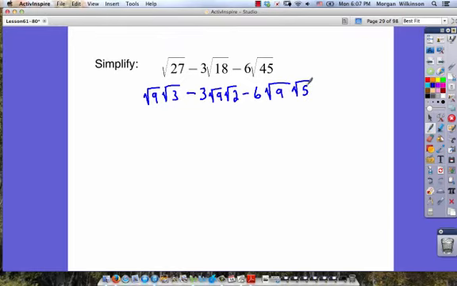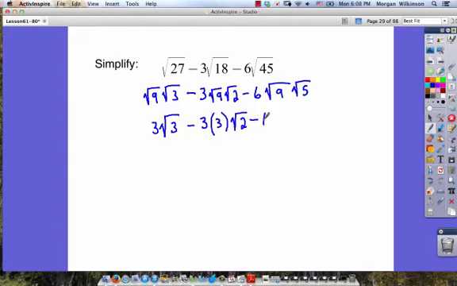Now that we've got all that, we can work from the beginning again to simplify. Square root of 9 is 3, so we're going to get 3 times the square root of 3. We can't break down the square root of 3, so we leave it as it is. Minus 3, well, the square root of 9 is 3, so 3 times 3 times the square root of 2.